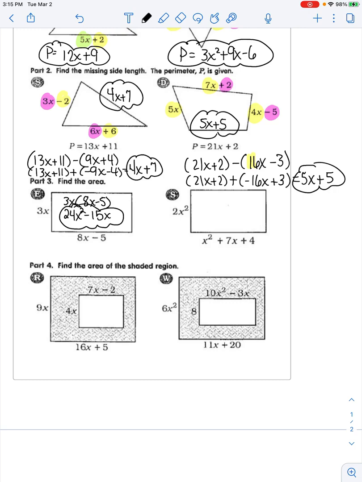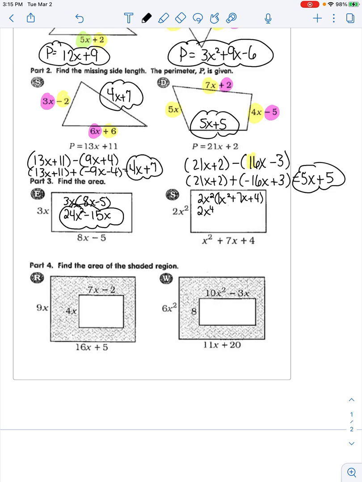Looking at S, again, this looks like it's just going to be a distributive property problem. So 2x squared times x squared plus 7x plus 4. 2x squared times 1x squared is 2x to the 4th.